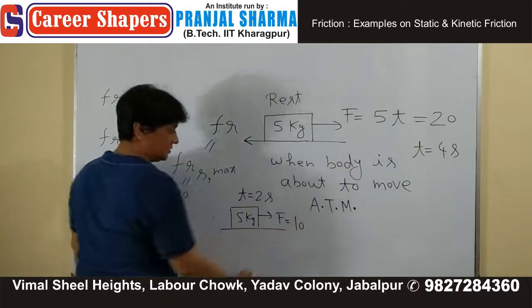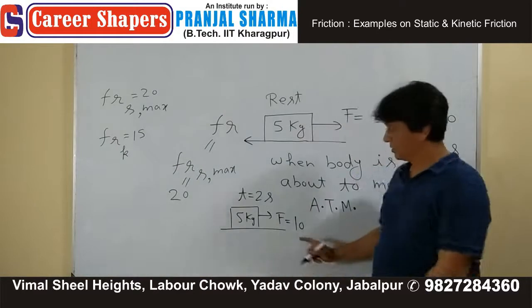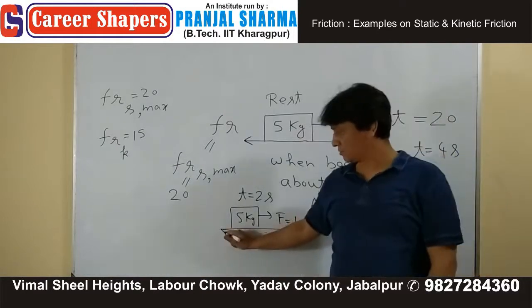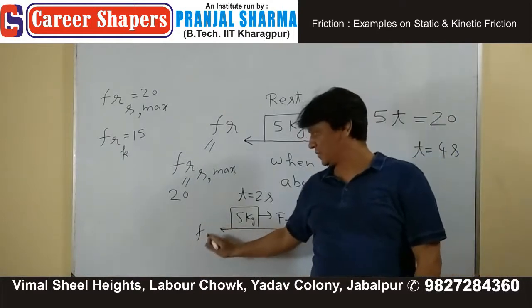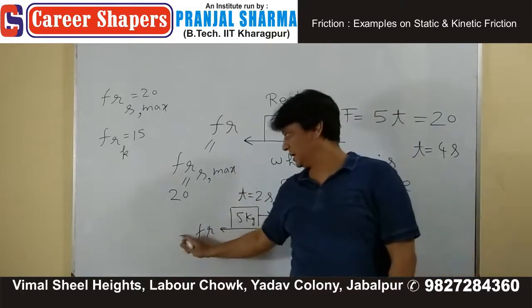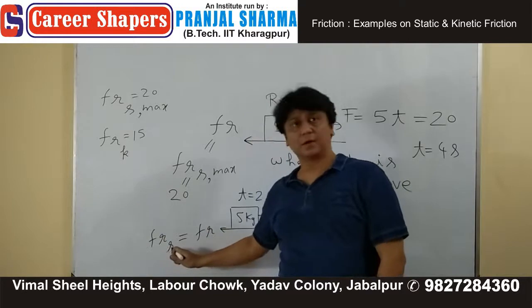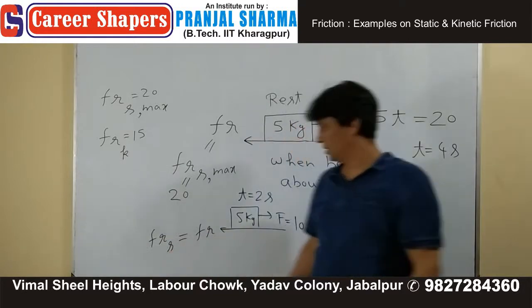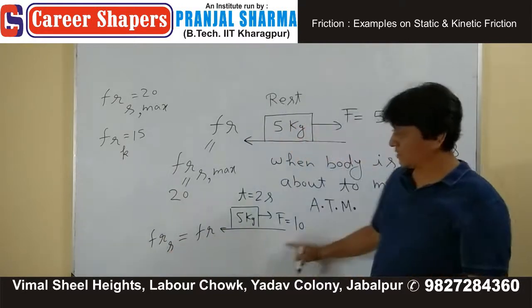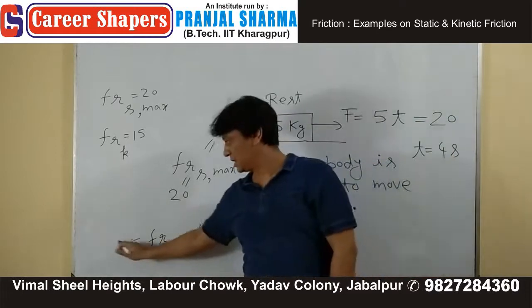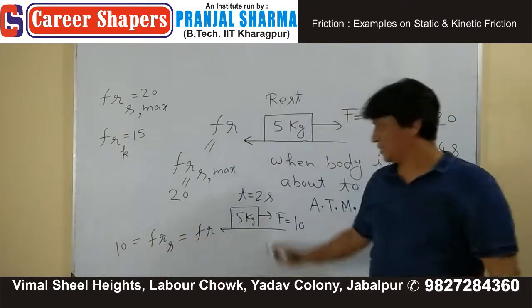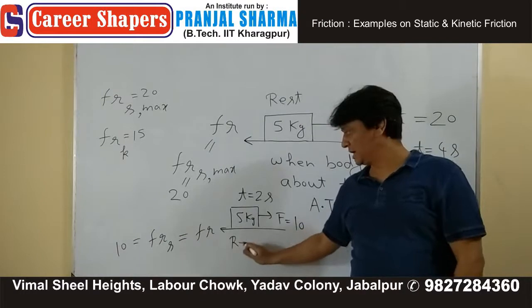If F is 10, then friction is what? Then friction is FR static. Maximum नहीं बोलेंगे. This is 10. This is also 10. This 5 kg body is at rest.